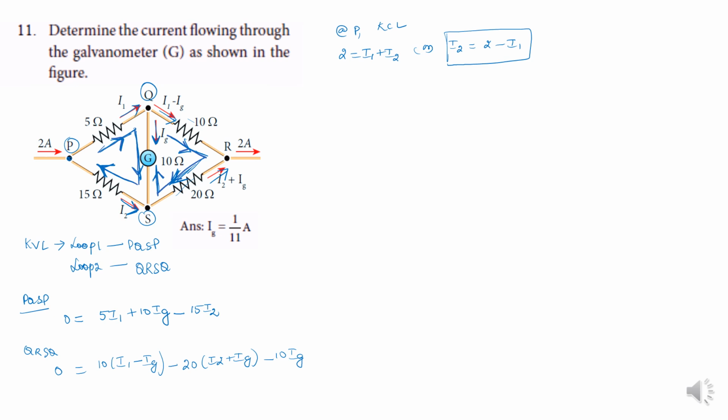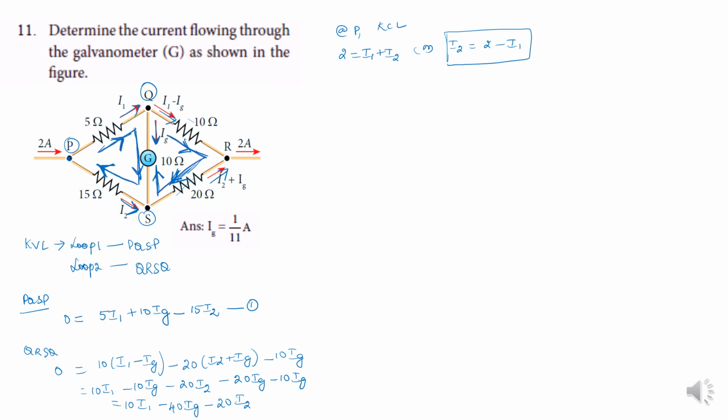Let this be equation 1. So I split it: 10 I1 minus 10 Ig minus 20 I2 minus 20 Ig minus 10 Ig. So this is 10 I1, then 10, 20, 30, 40, minus 40 Ig minus 20 I2.